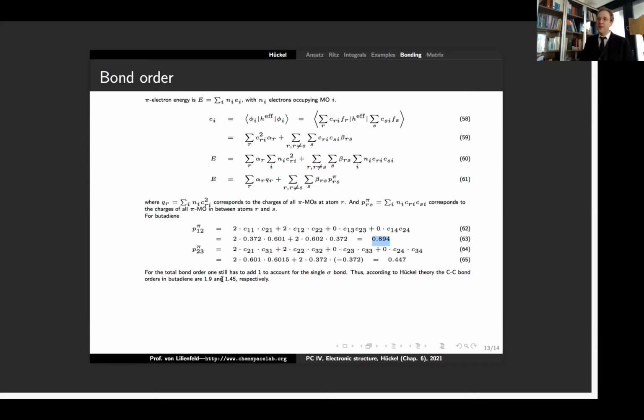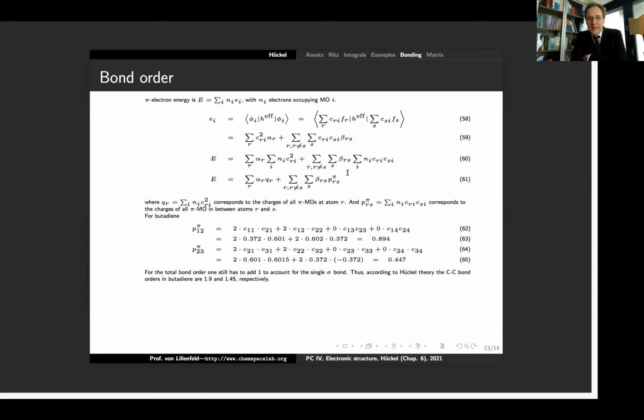So this is the interpretation of these electrons in between the atoms, in terms of this P, that you can use as an estimate of the bond order.